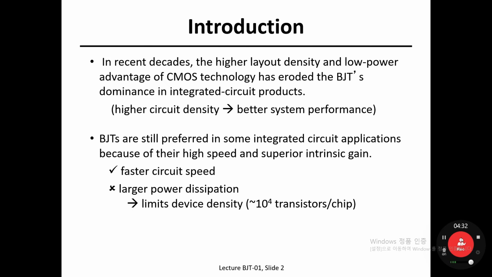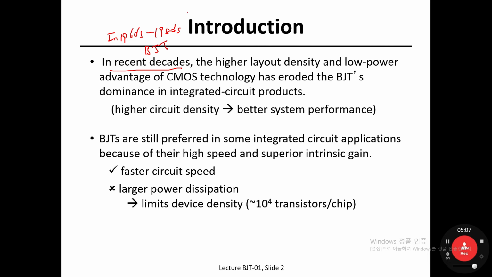Okay, so as an introduction, let's take a look at the sentences given in this lecture note. In recent decades, actually 20 or 30 years, or I would say in the 1960s to 1980s, the bipolar junction transistor was the mainstream in the field of integrated circuit devices.